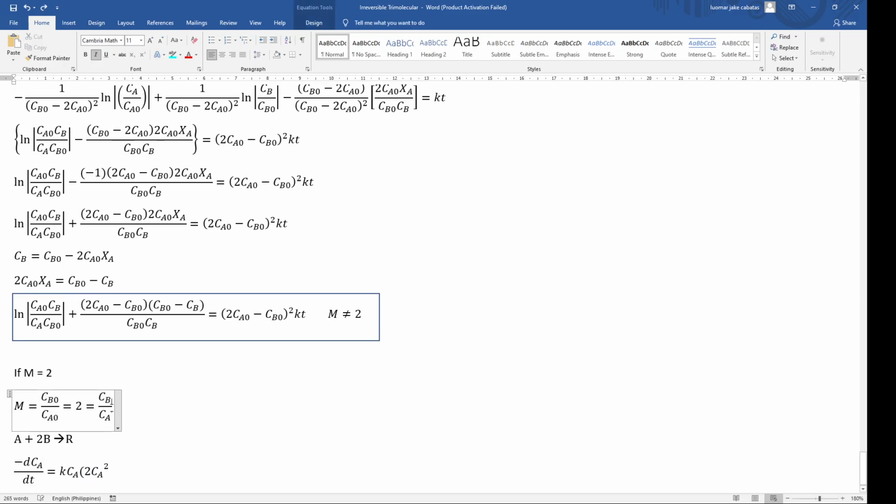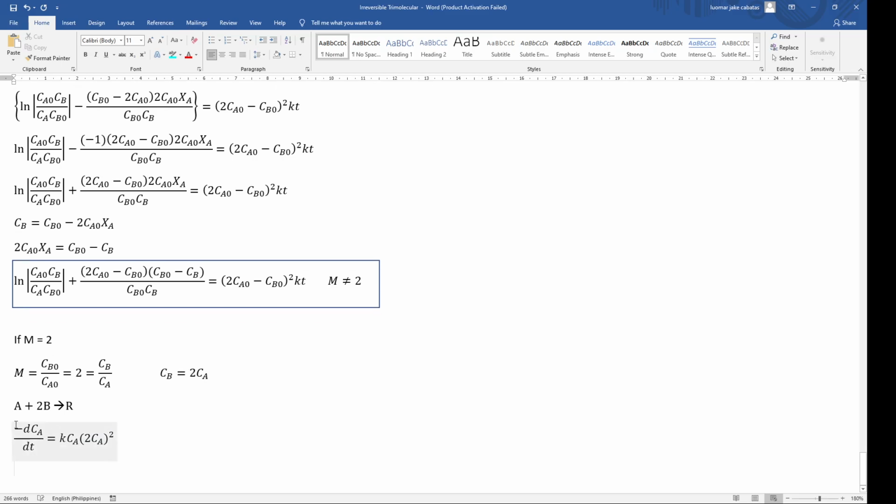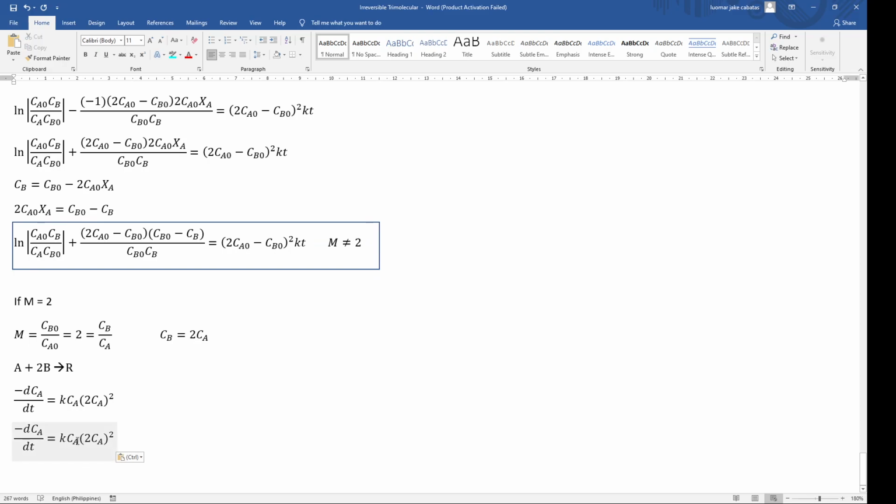So using this relationship, CB is equal to 2CA. Using that, we'll now have this equation, and since it's all CA, we combine them, so this would become 4, and the CA would become cubed.